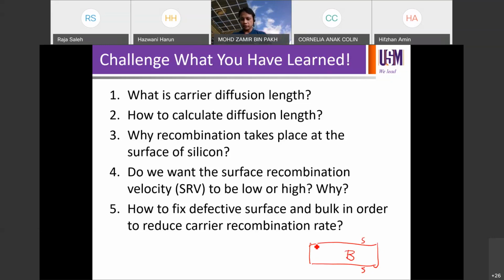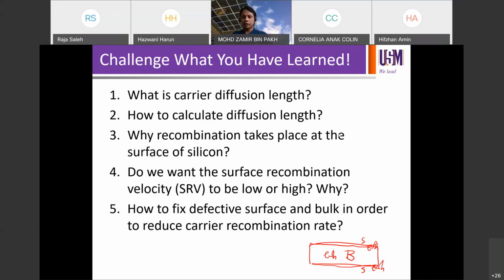So you have surface recombination here, surface recombination here, and a bulk recombination here. So that means the electron and hole recombine here in the bulk and recombine here at the surface after the generation process.